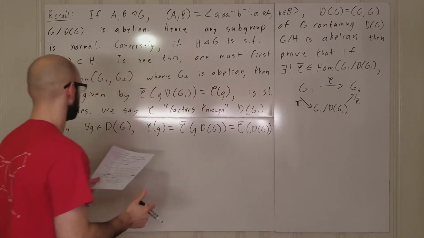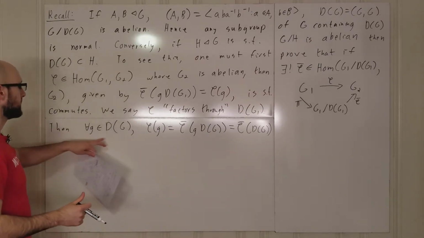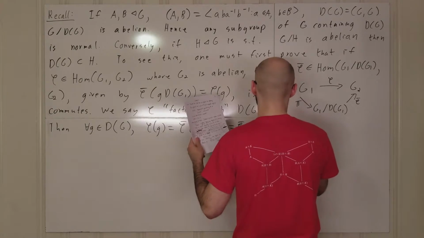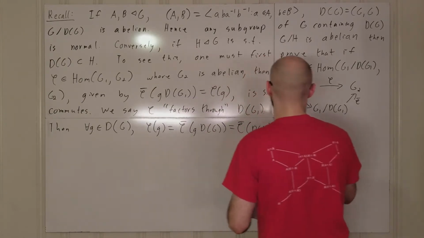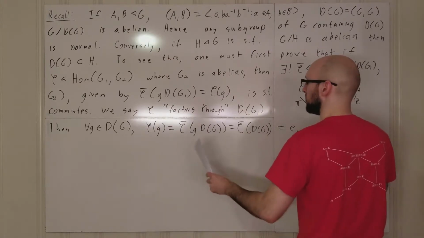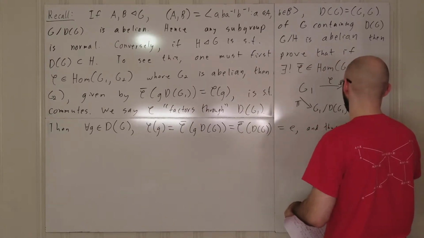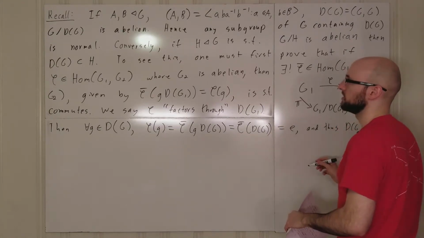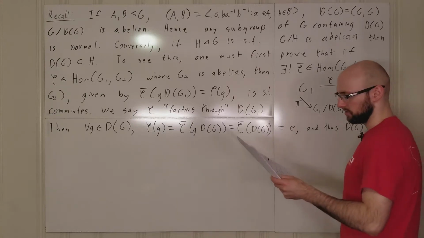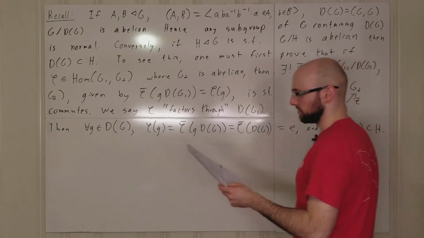And why is that? That's because if you've got g in here, then it's just part of this coset, and that's equal to the identity. And thus, dG is contained in H. Right? Do we do that right?